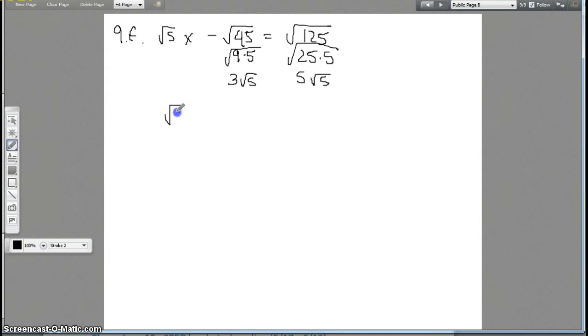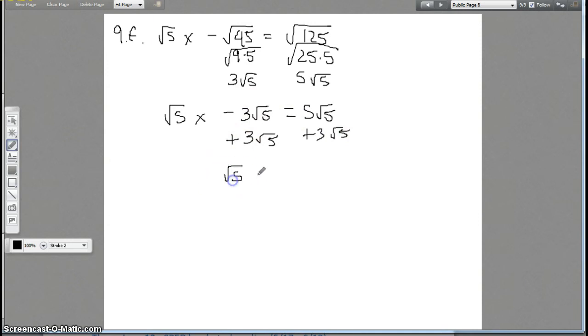So we have the square root of 5 times x minus 3 times the square root of 5 is equal to 5 times the square root of 5. So we want to get our x term by itself. To do that, we're going to add 3 root 5 to both sides because that will get rid of the one that we're subtracting.